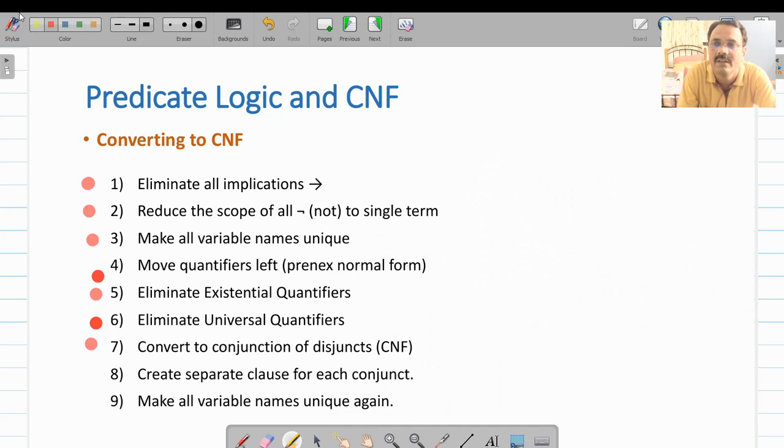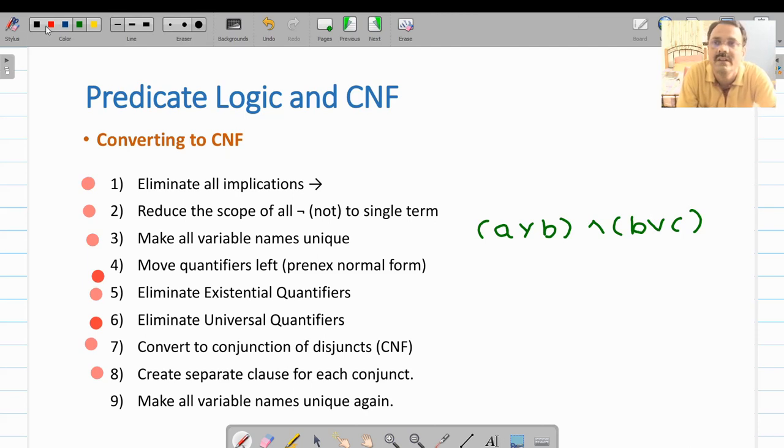Next step, step 8: sometimes you have to create a separate clause for each conjunct, as we have seen in the last example. Suppose we got A or B and B or C, something like this.